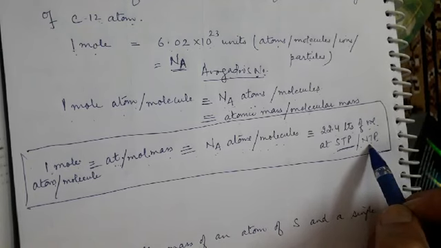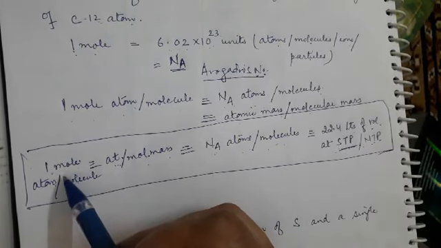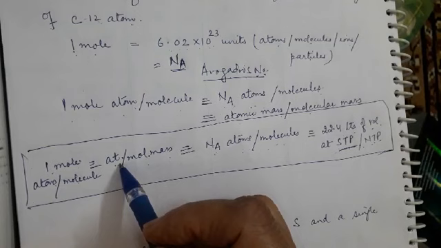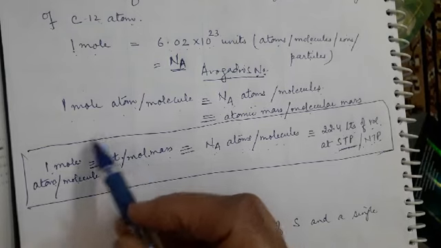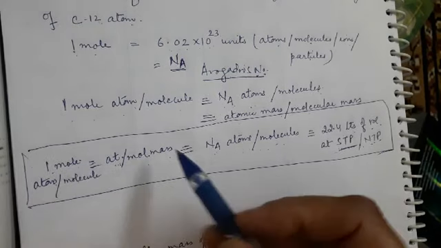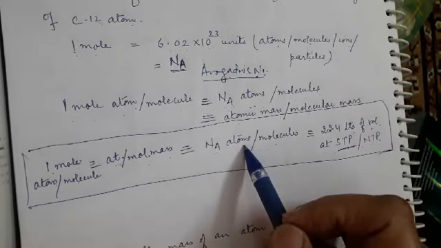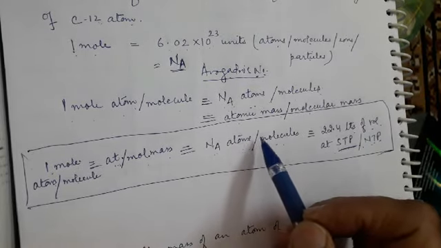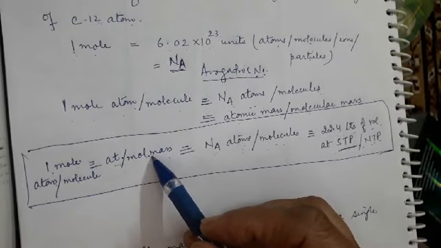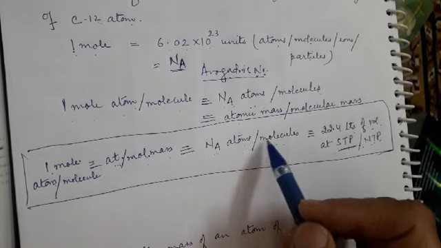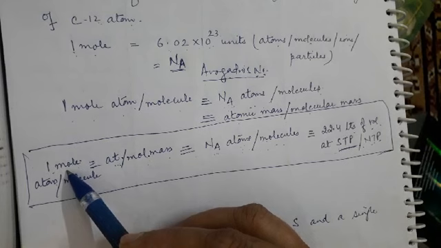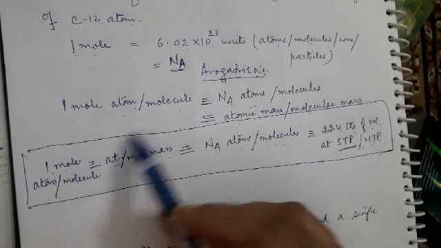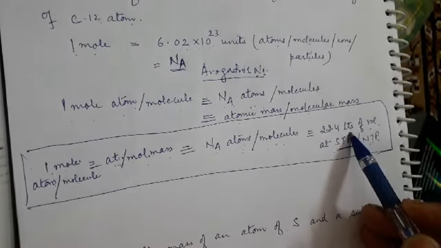What does it mean? It means you can convert moles into mass or mass into moles. You can convert mass into atoms, or you can convert atoms or molecules into mass. You can also convert atoms or molecules into number of moles. Number of moles can directly be converted into volume.